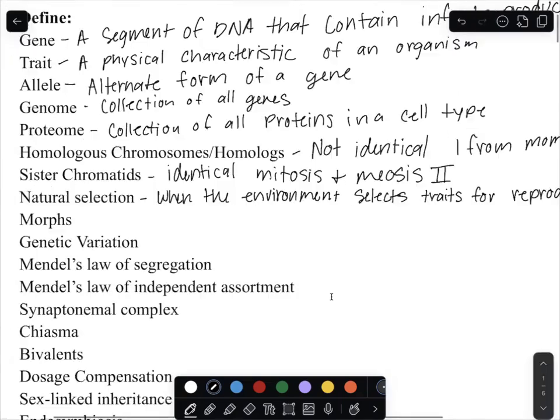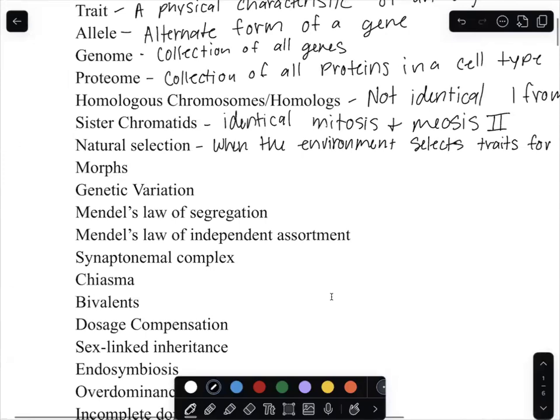Okay. Morphs. So this is a form of phenotype that varies within a population.